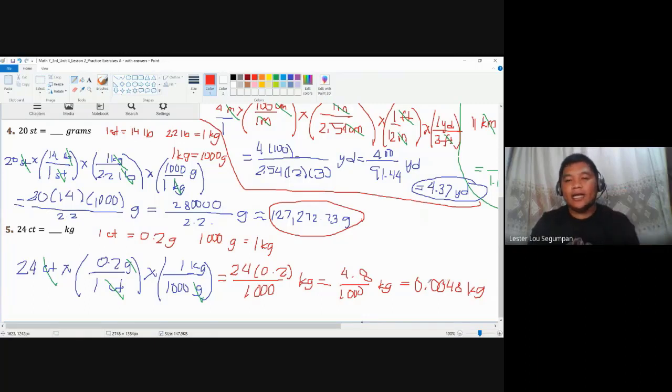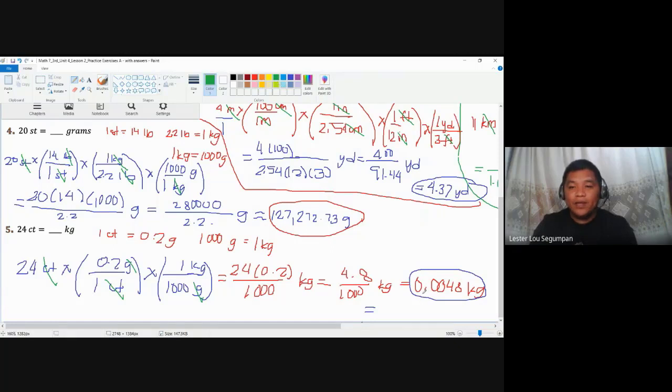Let me just add an additional understanding. We did discuss earlier that we agreed that we could round off our answers into two decimal places. But if we round this off into two decimal places, we will have a zero value, right? So if situations like this occur, let's just consider this as the final result. Or you may want to convert this into scientific notation. We already discussed scientific notation in the first grading.